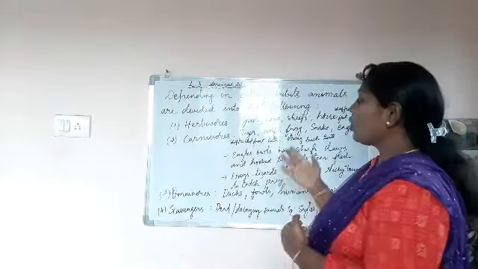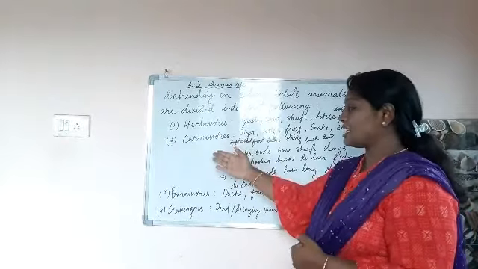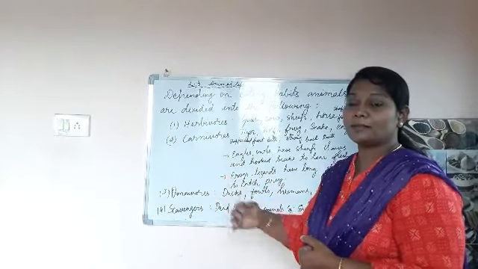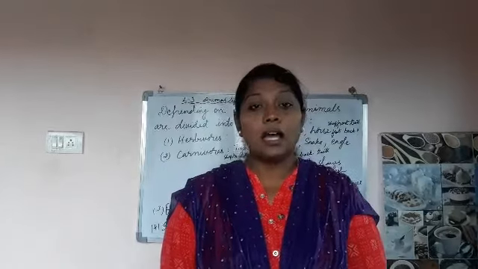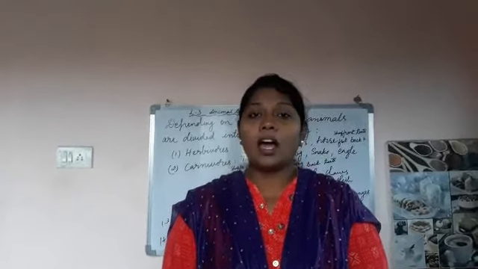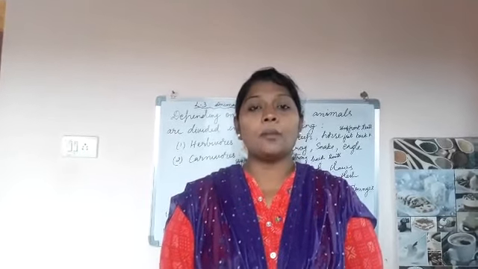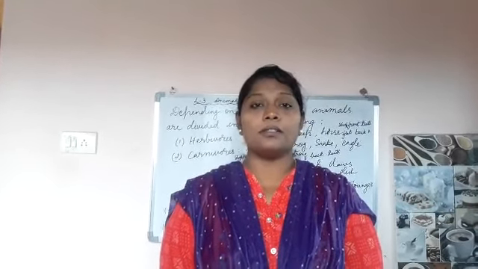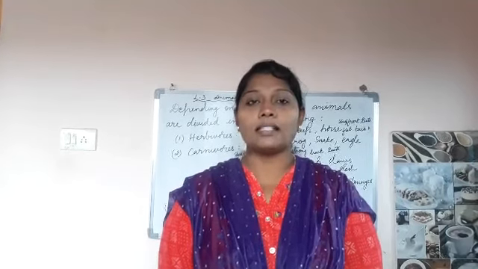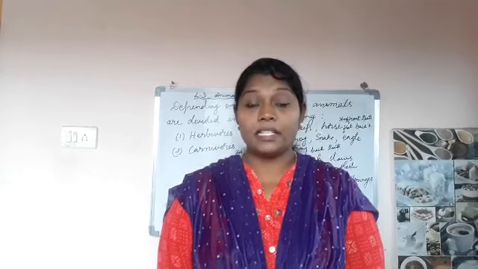Now, we will go and talk about the next category of the animals. Carnivores. What are these carnivores? The animals that depend upon another animal for food are called carnivores. Okay, children? Now repeat it after me.